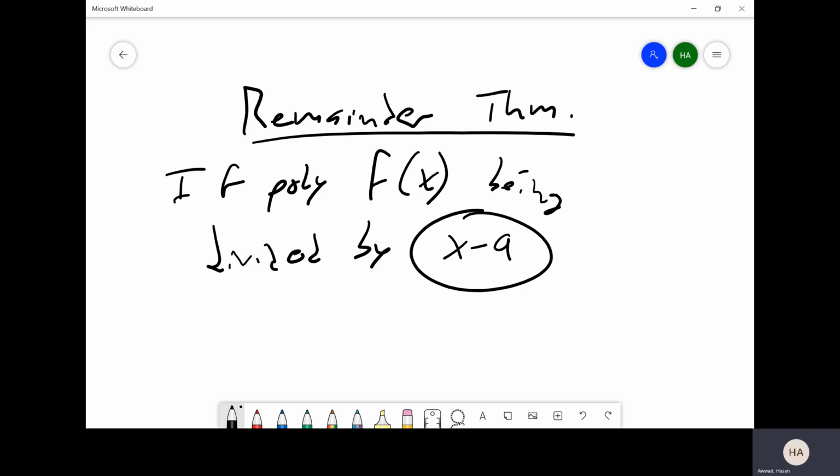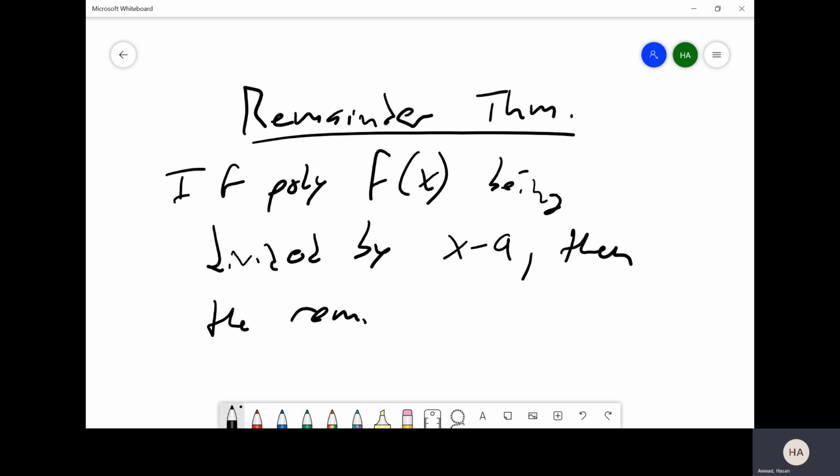Now remember, this x minus a comes up a lot. That was the thing we just had in our synthetic division, x to the first power minus some number or plus some number. So if you have some polynomial being divided by x minus a, then the remainder of this division, which I'm going to abbreviate as r, is always going to be r equals f of a.